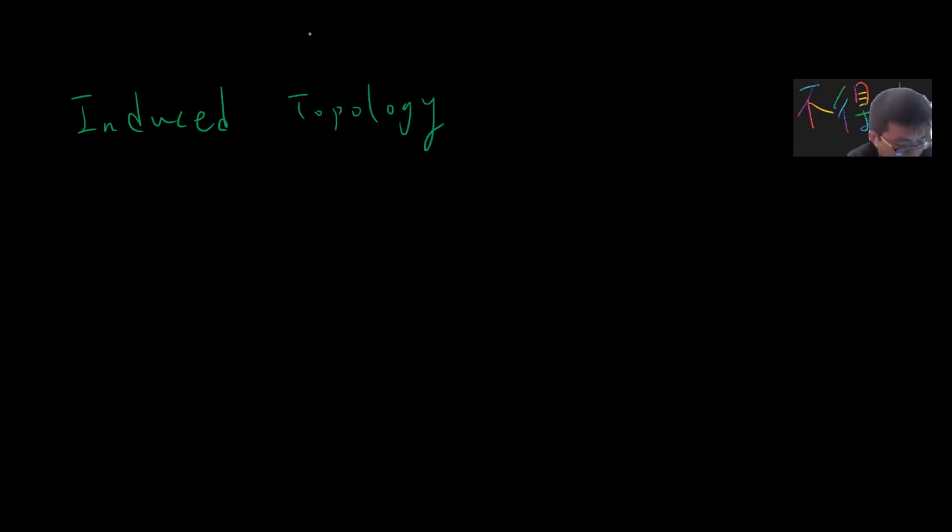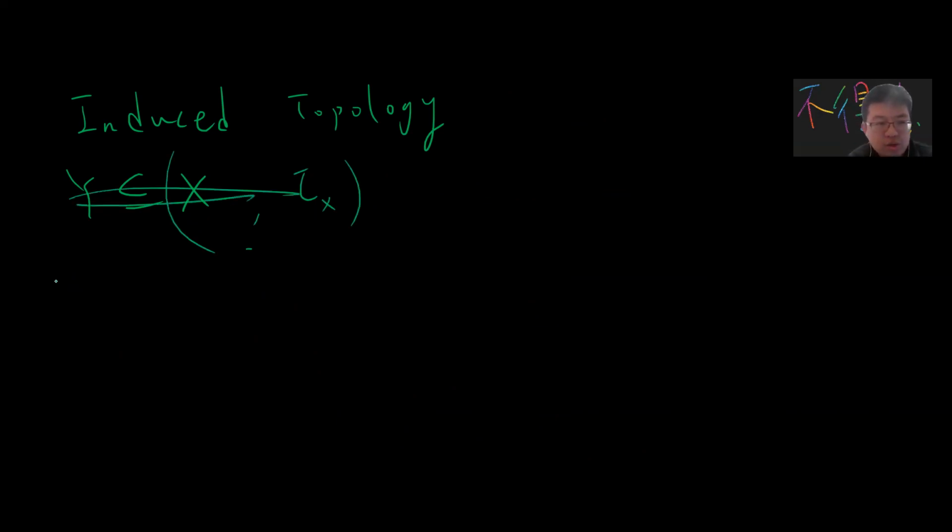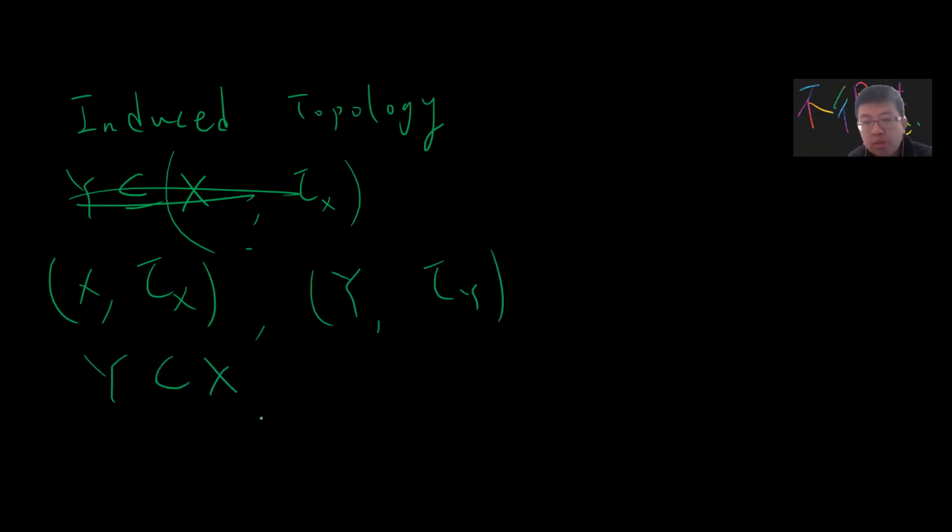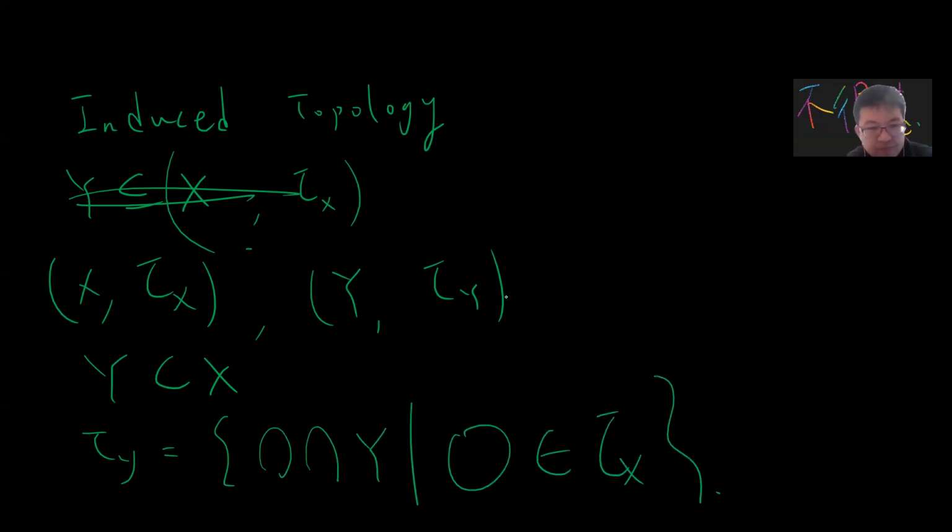Let's say you take a subset Y of X. We start from some topological space (X, tau of X), and I want to define tau Y. I define tau Y to be the intersection of tau X with Y. That means every element has the form O intersection Y, where O belongs to tau X. This is called the induced topology.